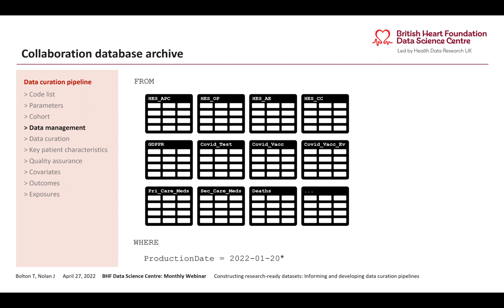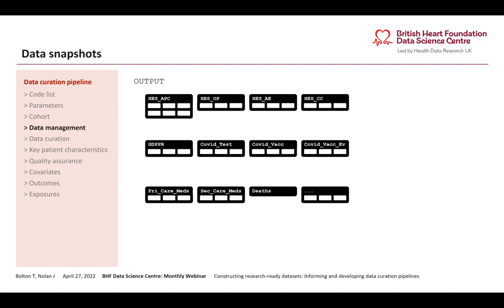So with reference to the production dates from the archive tables that were defined in our parameters, we can inner join each table to our cohort and save the resulting smaller tables, so-called project-specific data snapshots. So for CCU 18, it's more efficient to refer to these smaller tables, which are used throughout the pipeline.